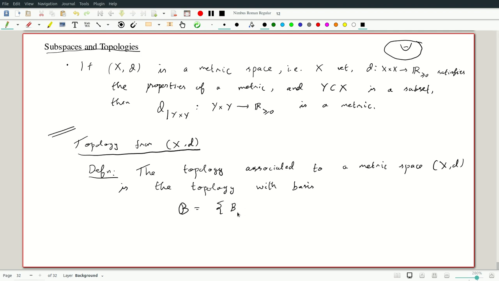We look at the balls around a of radius r for all a in X and all r positive numbers.